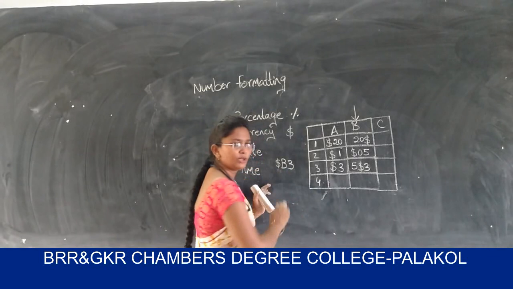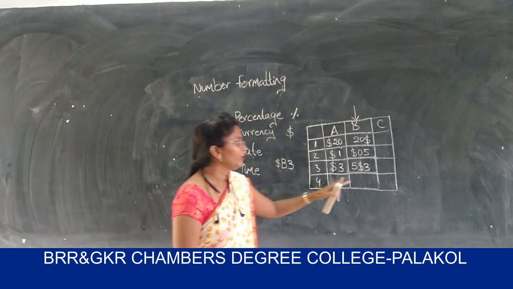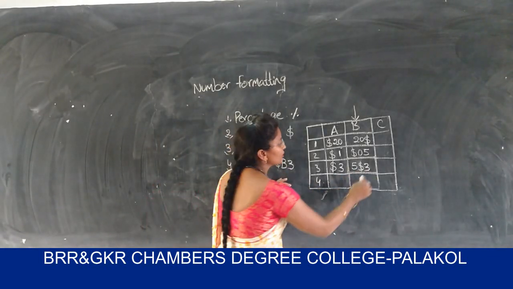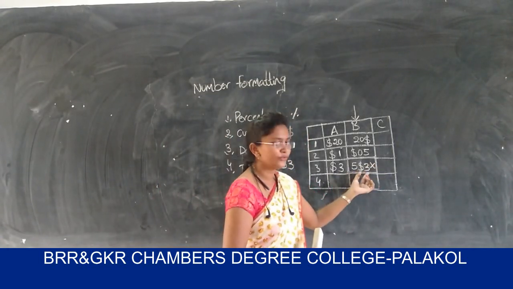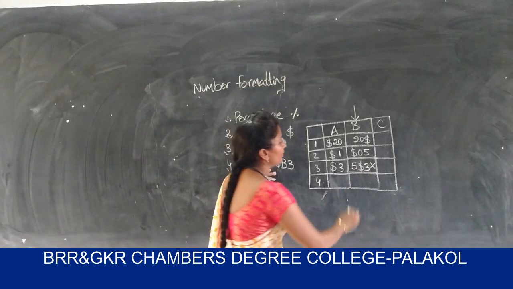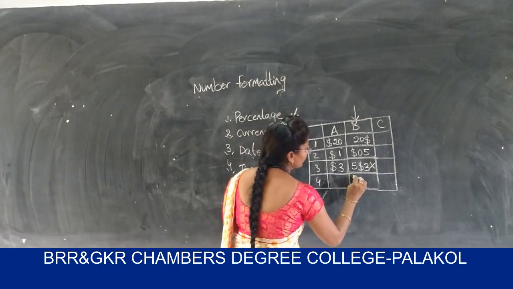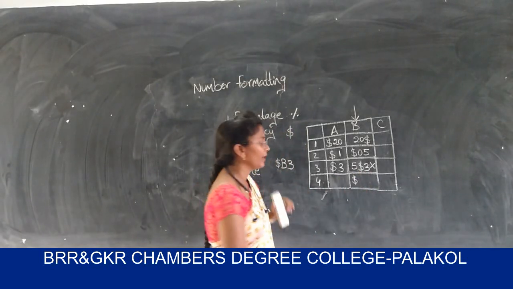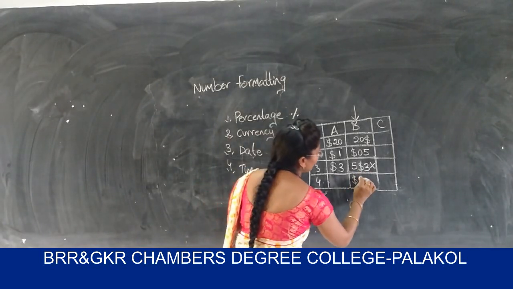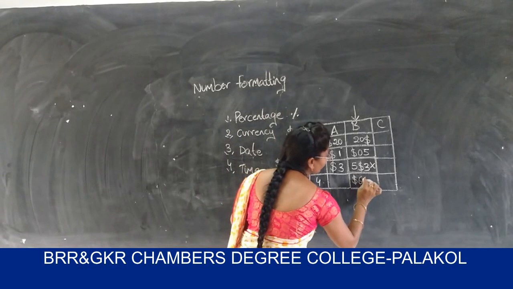Here I am not taking the dollar symbol in between the numbers. This is the wrong way. We are unable to enter the dollar symbol in between. We have to enter the dollar symbol at the first position, that means before entering the number, and then you can write some number.